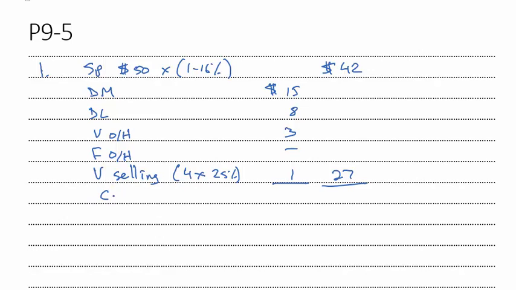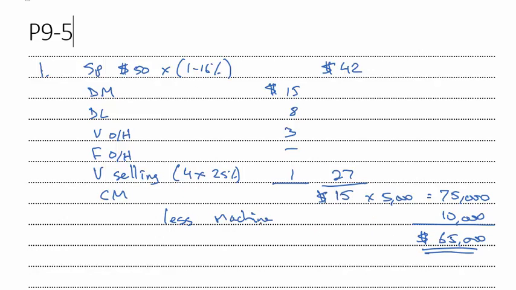So the contribution margin is $15 per unit times 5,000 units, and that works out to $75,000 less the machine, which was $10,000. So the net benefit of accepting the order, the net increase in profits from accepting the order, is $65,000.